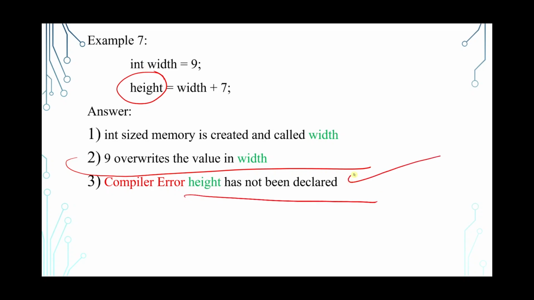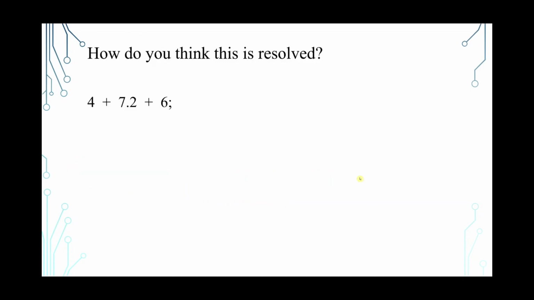You can put this in the context you want and word it the way you want. Whether you say height has no data type, therefore compilation error, or height has not been declared, or anything else, as long as you explain why.